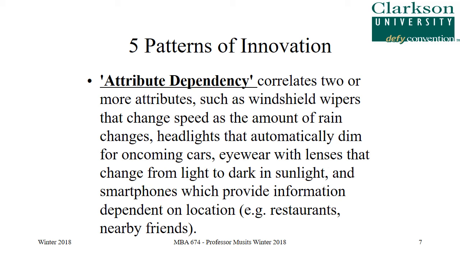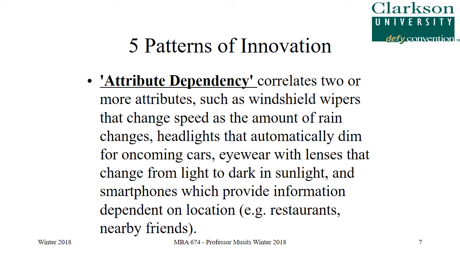Smartphones that provide information depending upon what your location is. So when you search for restaurants, it searches within a 10-mile radius of where you're located, as opposed to some larger radius that's very useless for you.